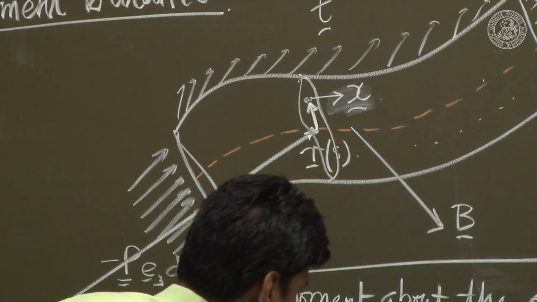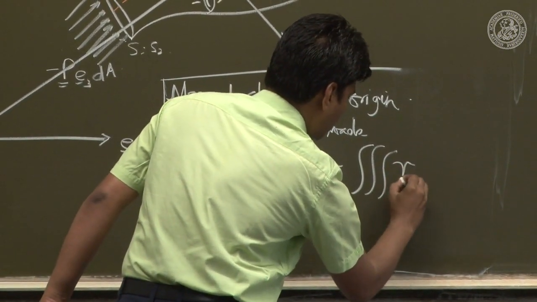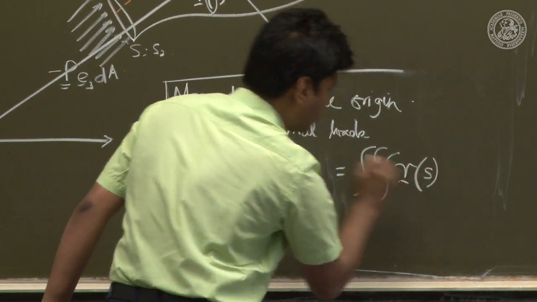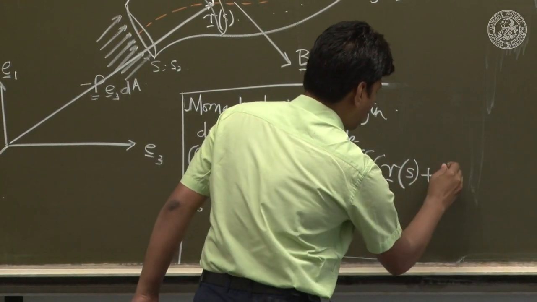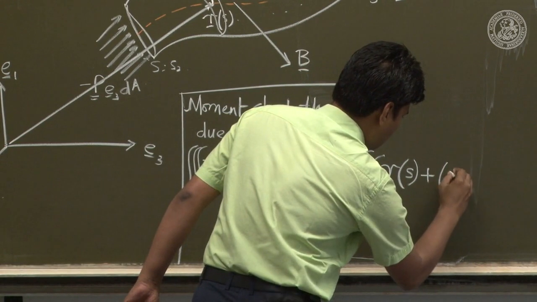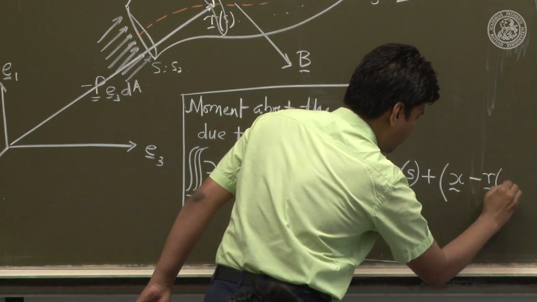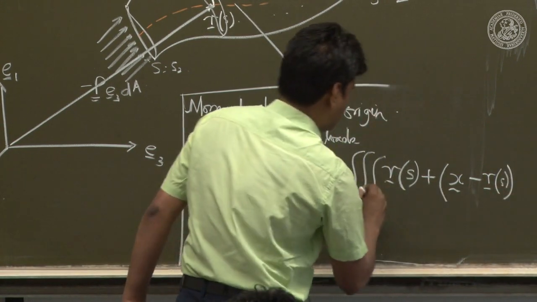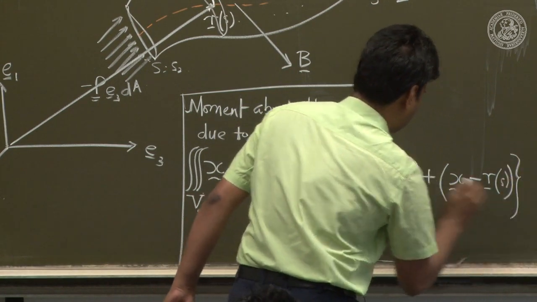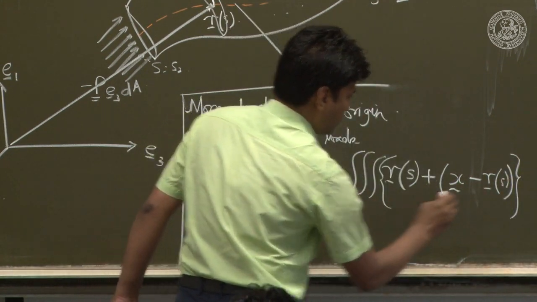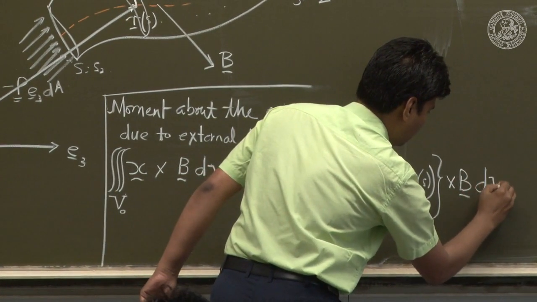So we could always write this as little r of s plus little x minus little r of s, cross product B dV naught.